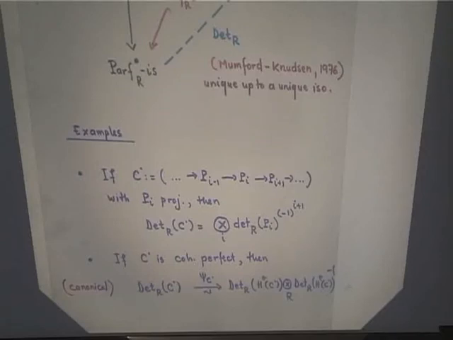So what happens if you have a perfect complex of R modules endowed with an A trivialization?